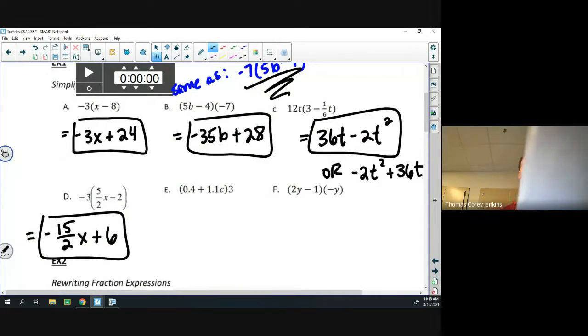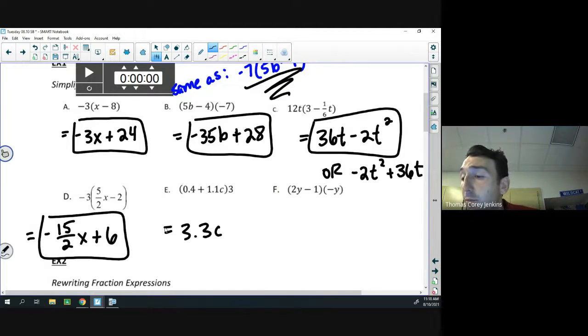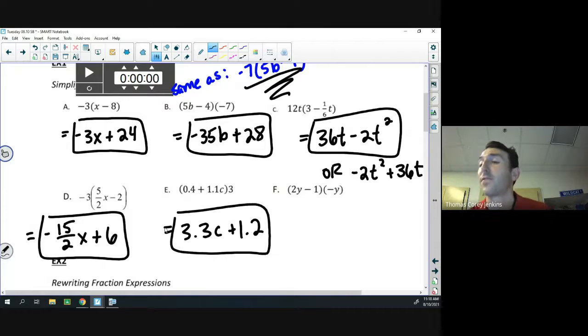All right, very good. 1.2 plus 3.3C. I'm just going to flip the order, but your answer is correct. So I'm going to write it as 3.3C plus 1.2. You don't need to switch it if you wrote it in Jalen's order, which most of you probably did. 1.2 plus 3.3C is also correct. Any questions on that one?